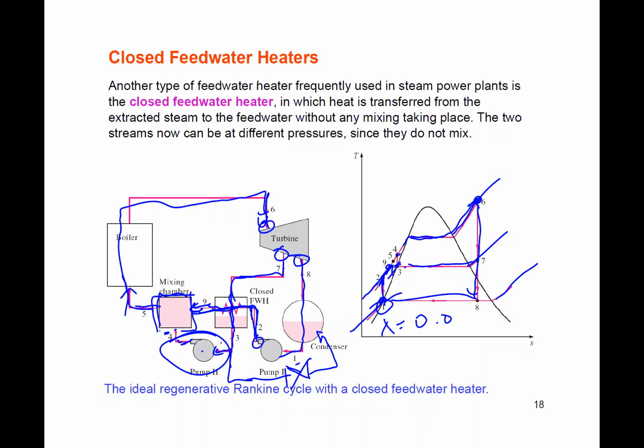The version we have here takes this outlet and raises its pressure to meet up with this line at the higher pressure. There's the other version where you're dropping its pressure coming out of this to put into the condenser. We did an example in class that showed the dropping in pressure, while this one shows the mixing chamber raising the pressure.